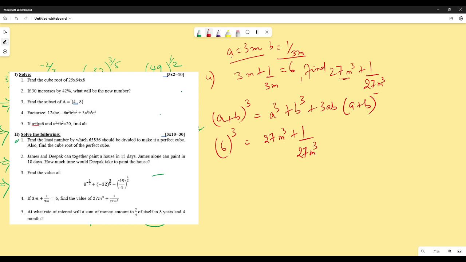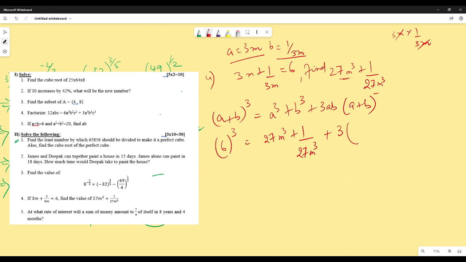Because a cube is 3m whole cube, which is 27m cube, and b is 1 by 3m, so this becomes 1 by 27m cube. Now plus 3 into a into b. Now a into b is 3m into 1 by 3m, so the 3m gets cancelled and you are left with 1. So 3 into 1 remains as 3.